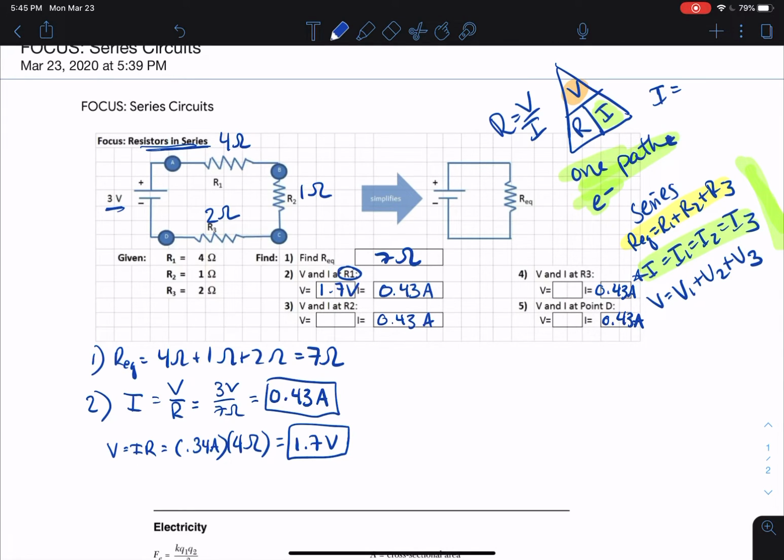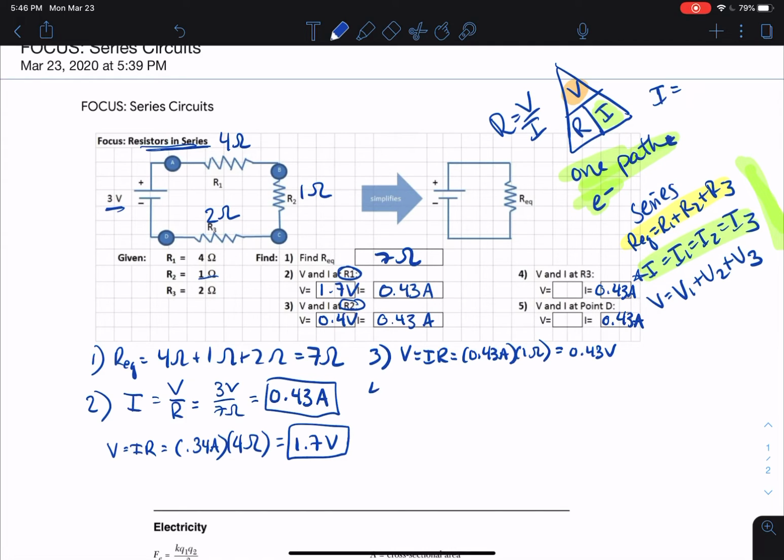And we're going to do the same thing for part 3. We already know the current, so I don't need to do that, but we have to do V equals I times R, which again is going to be 0.43 amps times the ohms at R2, which is 1. Oh, that's convenient. So that's going to just be 0.43 volts. I'm just going to put it in tenths just to keep it consistent.